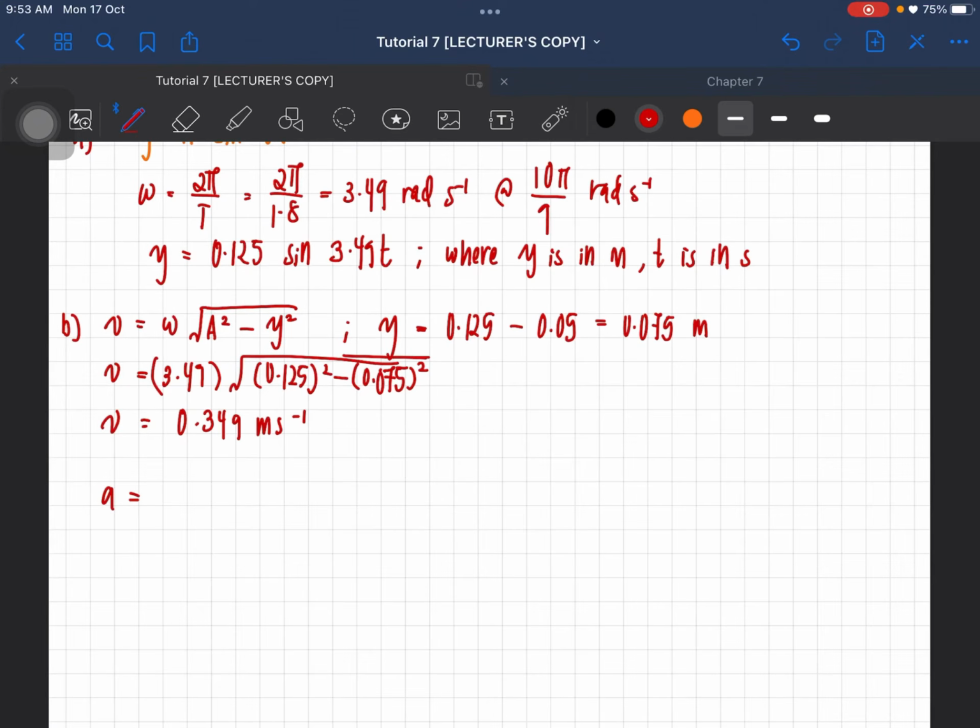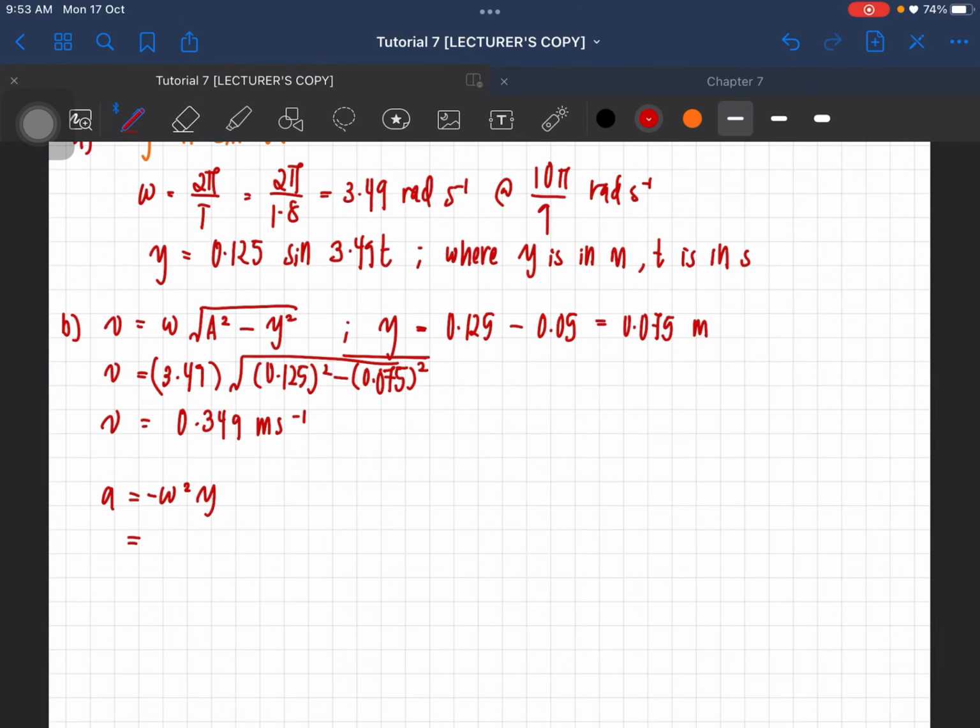Now do the same for acceleration. Acceleration is basically just omega square y. You can add the negative if you want to. Just remember that the negative is just telling us about the direction, meaning the direction of acceleration is always opposite to the direction of displacement.